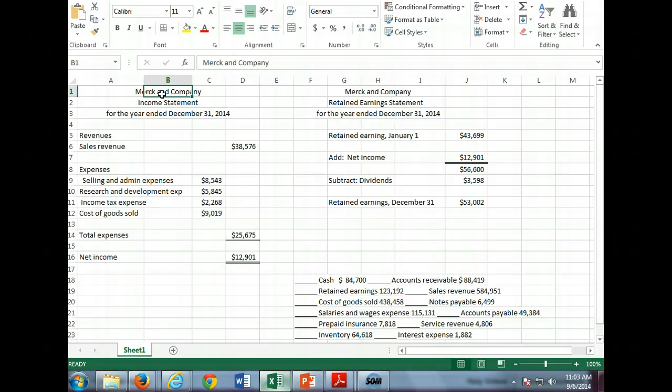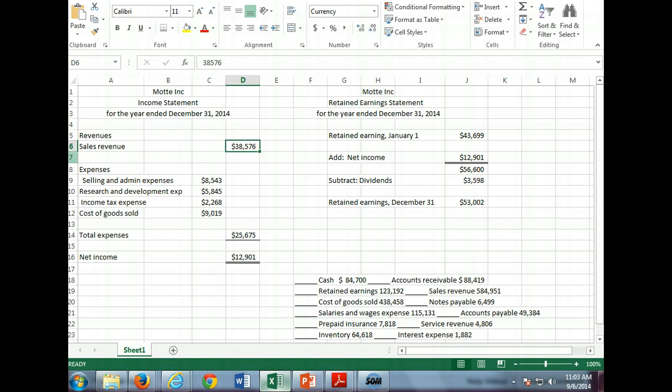Mott Inc. So what am I going to do here? Mott Inc. Let's start with the income statement.